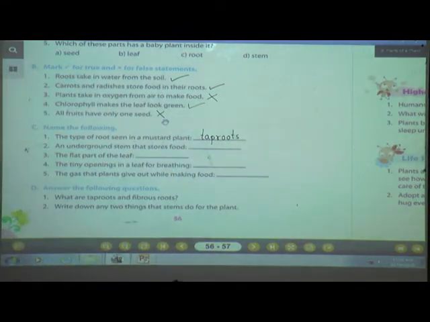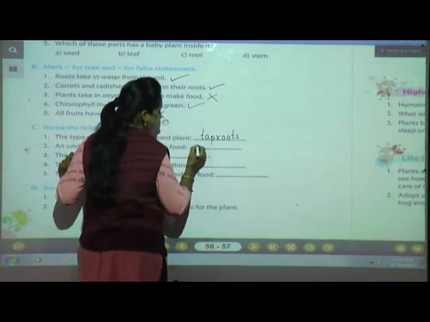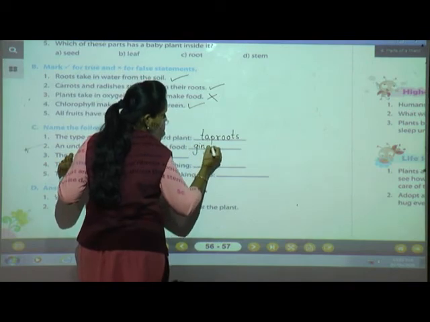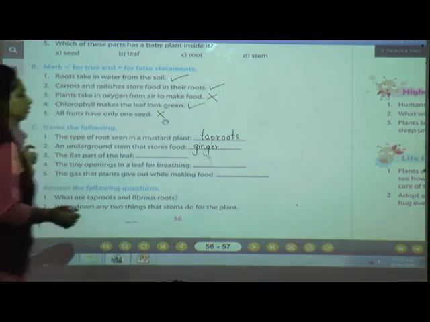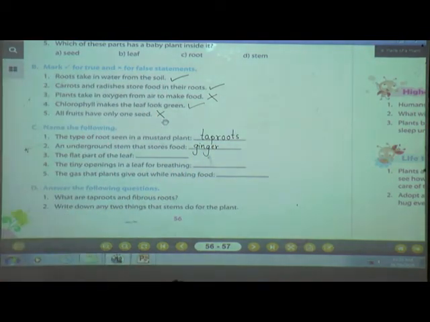The second one, an underground stem that stores food. Which one stores food? You can write anything. I will write here ginger. The next one, the flat part of the leaf. Tell me what we call the flat part of the leaf.